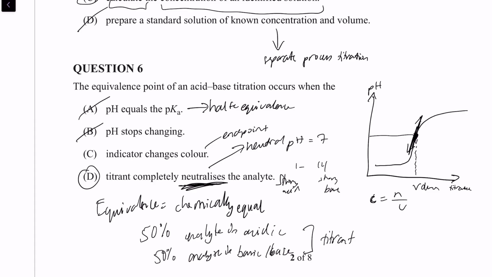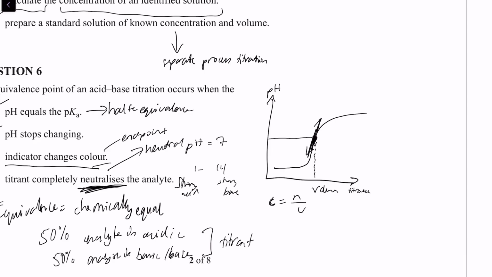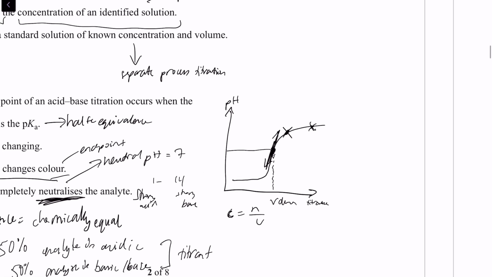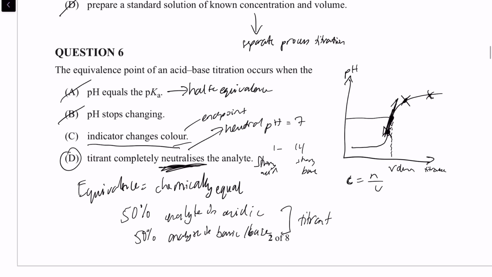So when the indicator changes color, we recognize that as the end point. Depending on what indicator we use, that could be at this point or here, but we like to keep it near the equivalence point. So it's more effective in telling us a more accurate concentration calculation.